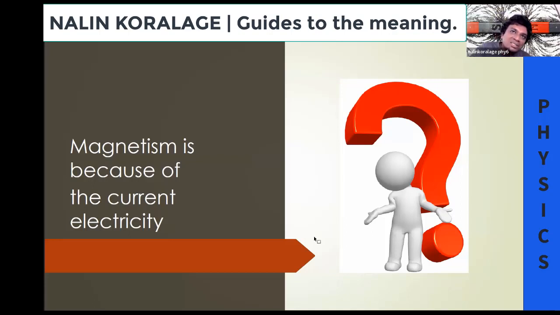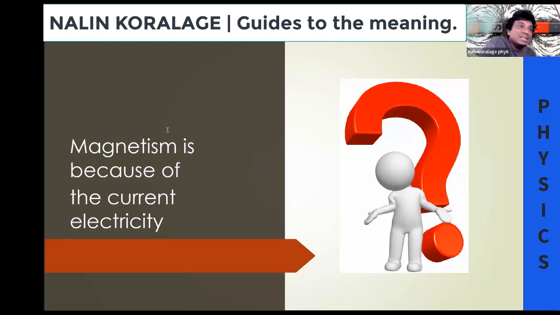Magnetism is because of the electricity, or the current electricity. Actually, we said in case the current is off, it is just merely a coil, a piece of, let's say, iron. We can say it that way, right? It's just a piece of coil, that's all. But only when current is supplied does it get the magnetism.